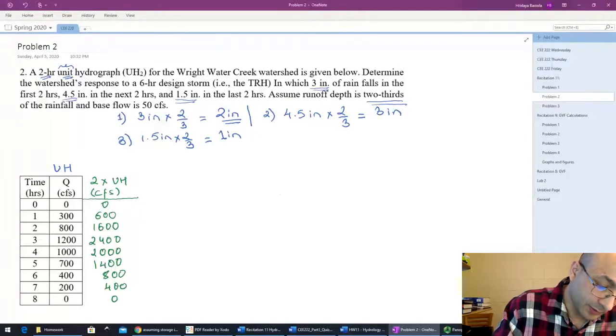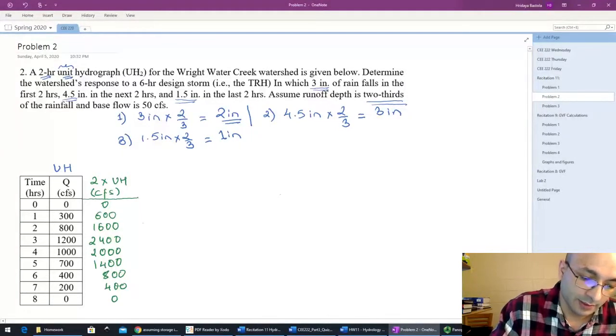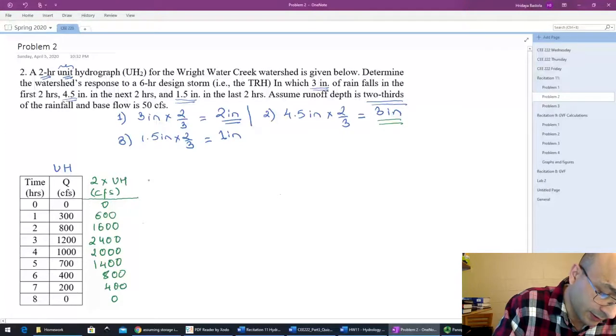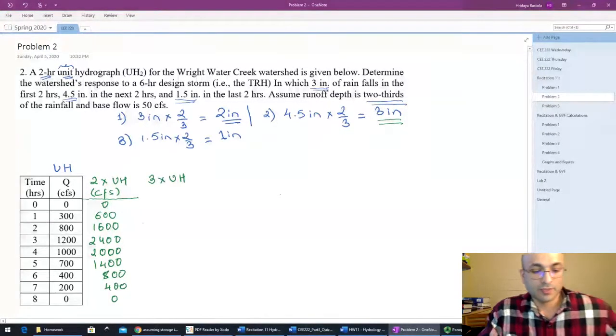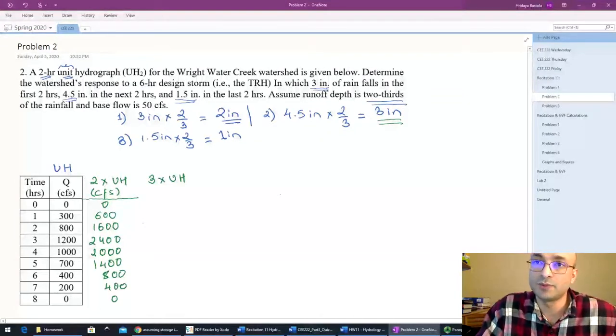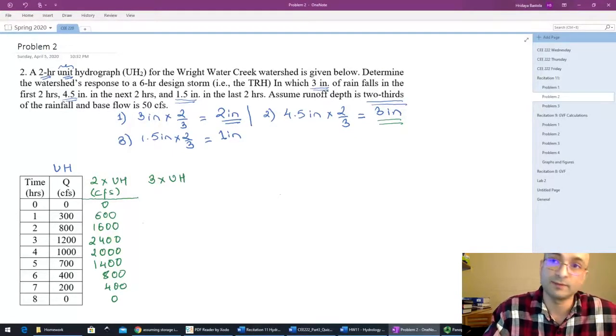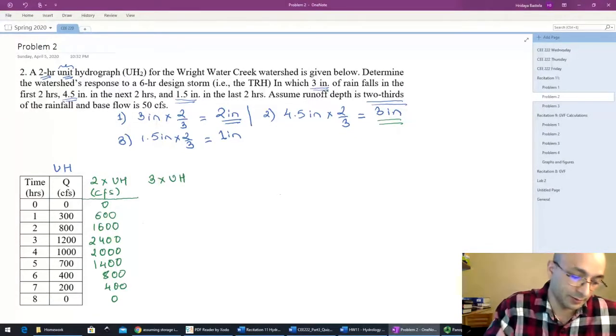Similarly, the contribution from the next 2 hour rainfall. We have 3 inches of excess rainfall, so 3 times the unit hydrograph. But the effect or the contribution of that second 2-hour rainfall is not going to be seen until after the end of the first 2 hours, right?